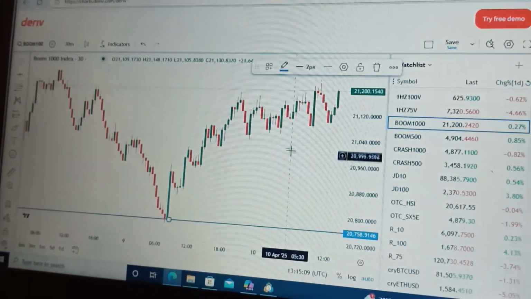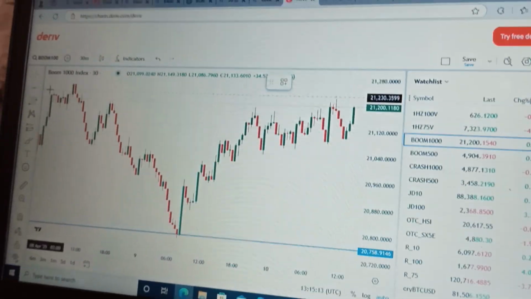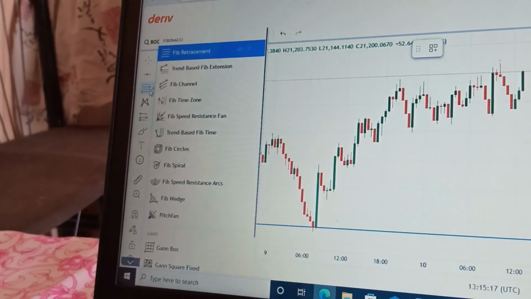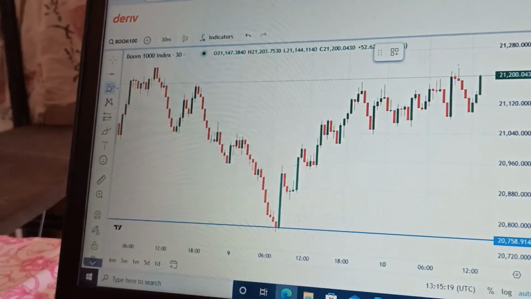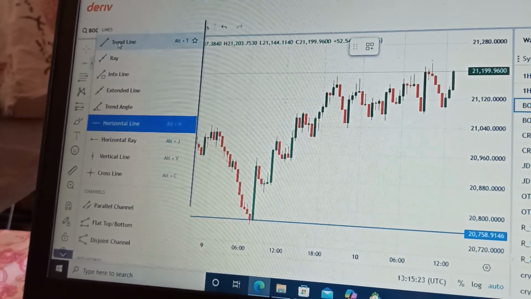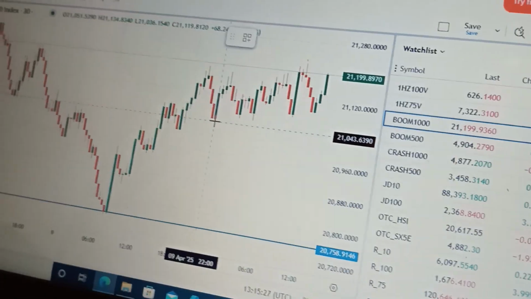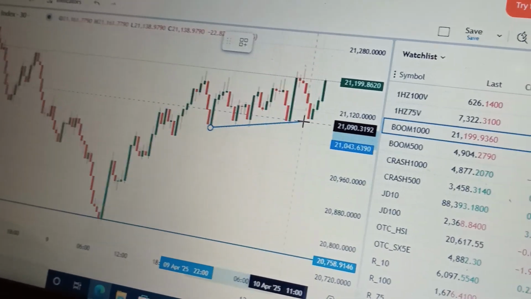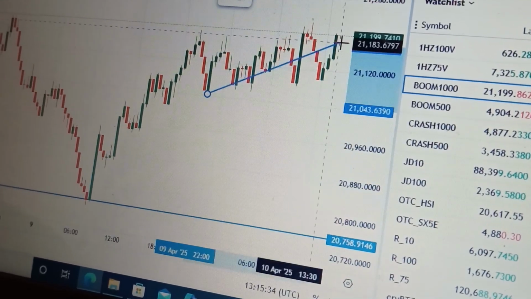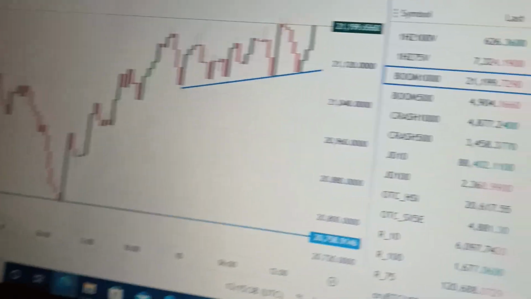You come here on our trading tools, I want to draw a trend line. Here is our trend line. You take this point and draw your line there. That is a trend line.